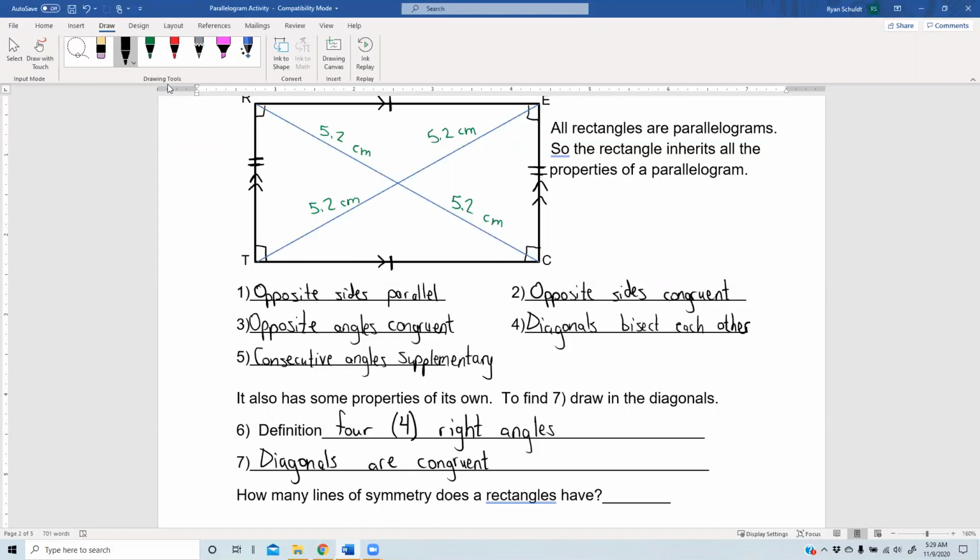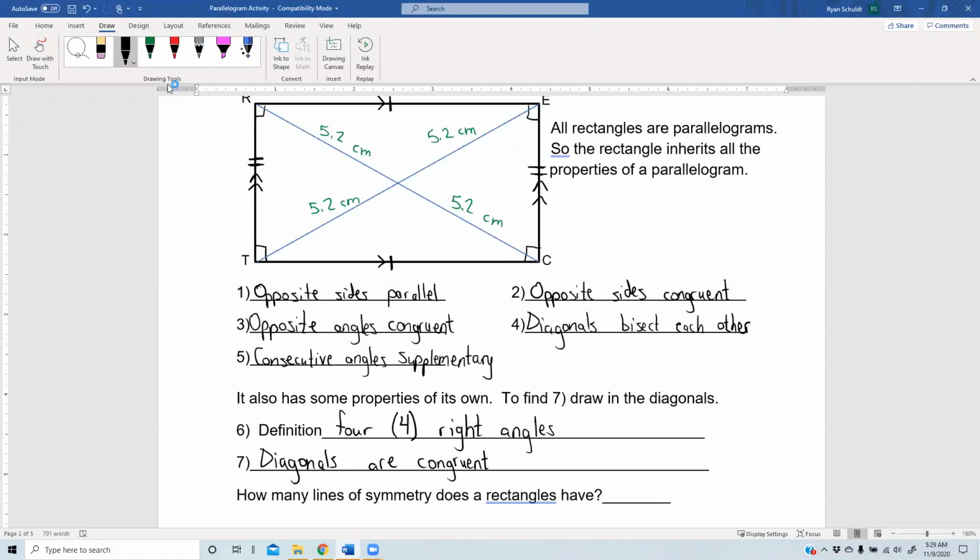Now, if I were to fold this rectangle perfectly in half, how many ways could I fold it perfectly in half? If you're not sure, just take a normal sheet of paper, that's a rectangle, and try to fold it in half.